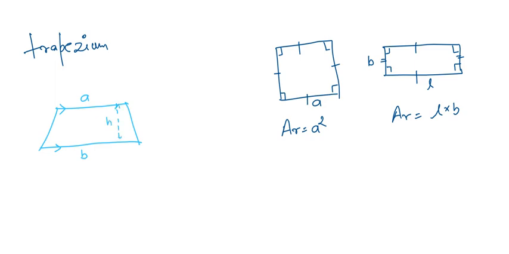Okay, here h is my perpendicular distance between A and B. I could also have my distance like this. Let me call it L, where L is my slant length, but I won't be considering my slant length because I will only require my vertical distance, which is my perpendicular distance between the two parallel edges, and not the slant distance.